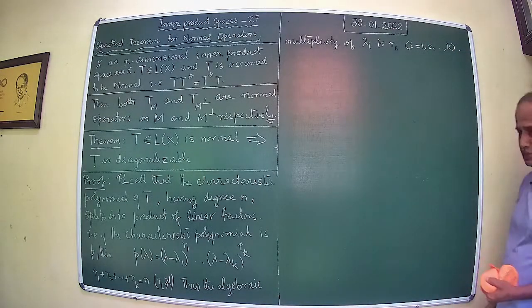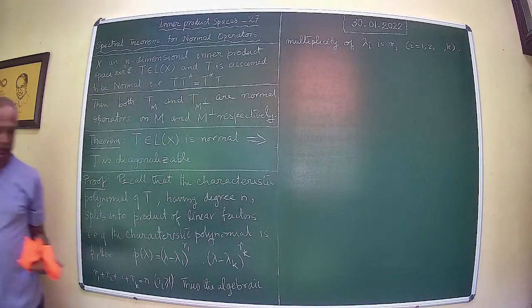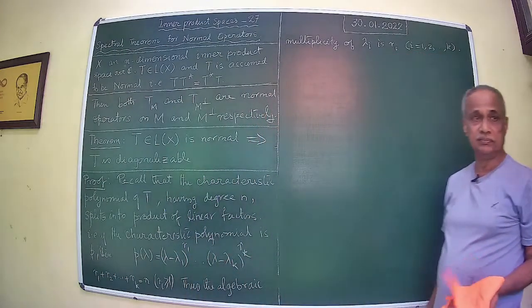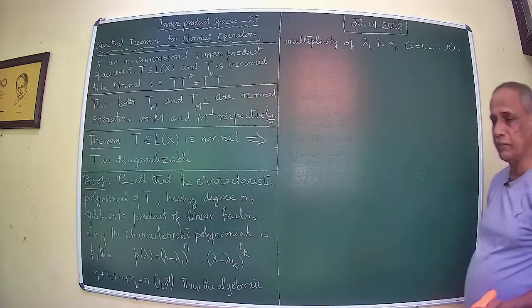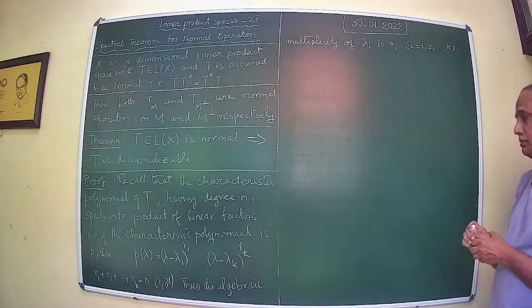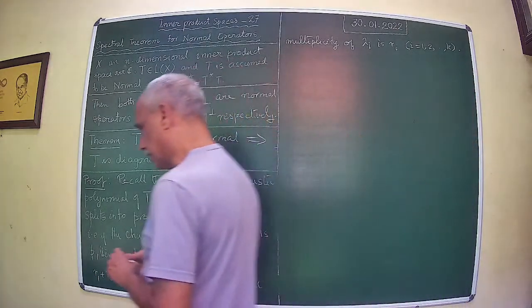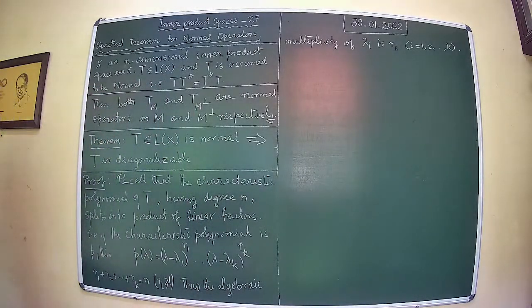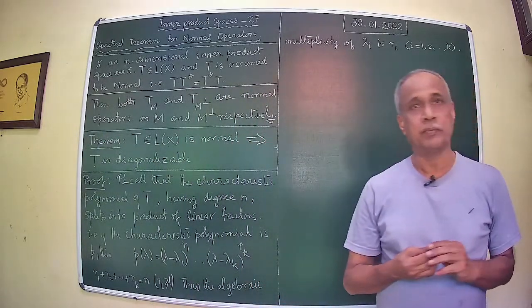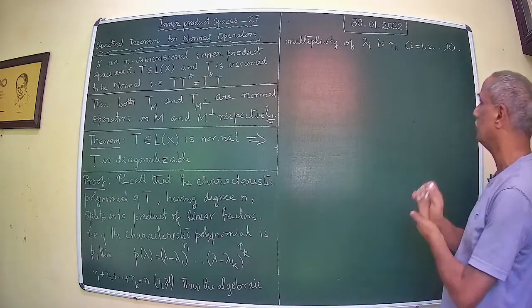Now recall that the operator T is diagonalizable if the algebraic multiplicity of each of these eigenvalues is equal to the geometric multiplicity. The geometric multiplicity of lambda i is the dimension of the eigenspace of T belonging to the eigenvalue lambda i.